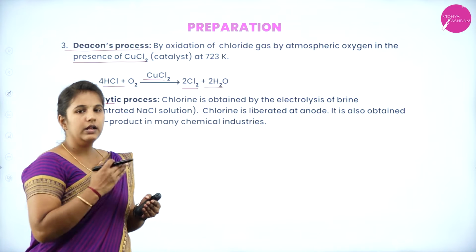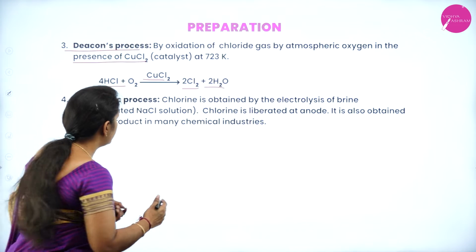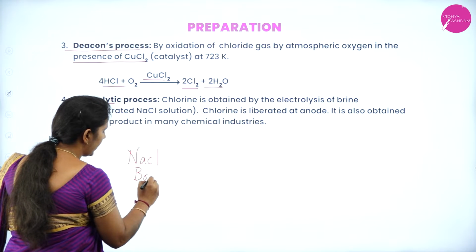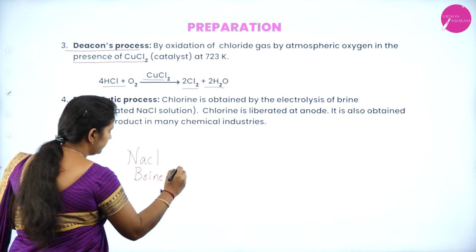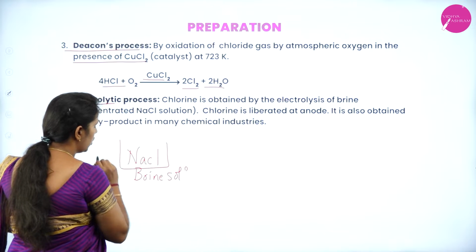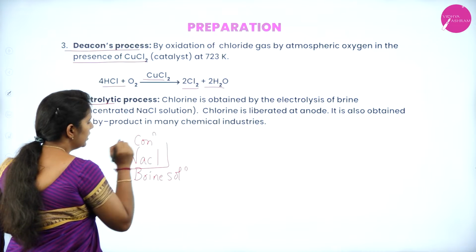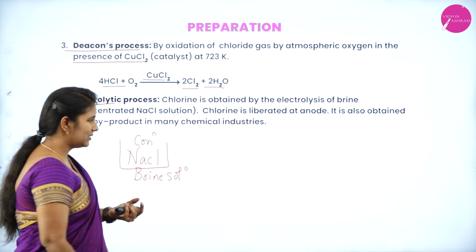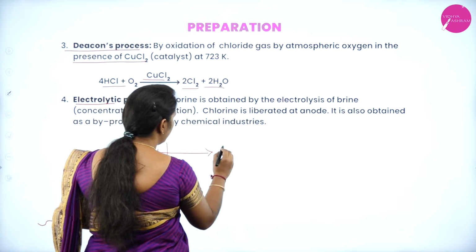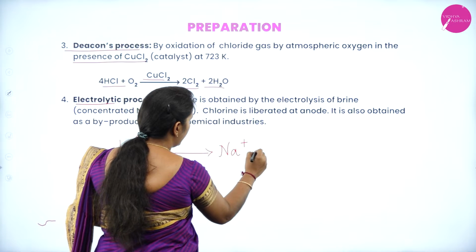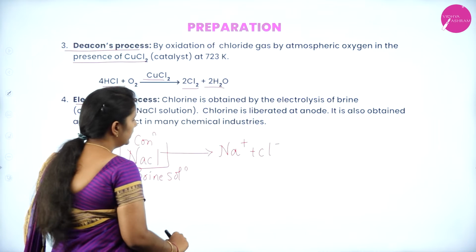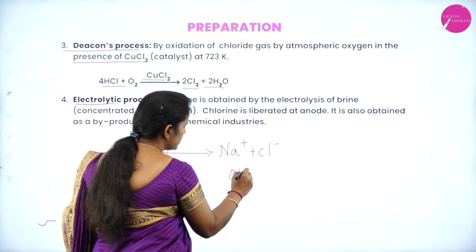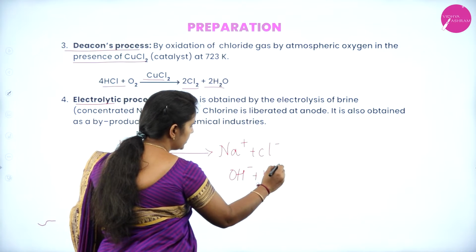In this method, we are taking a concentrated solution of sodium chloride, which is nothing but a brine solution. When you place two electrodes and apply an electrical field in the solution, it forms sodium ion and chloride ion, and the electrolytic cell also consists of water, that is OH minus ion as well as H plus ion.